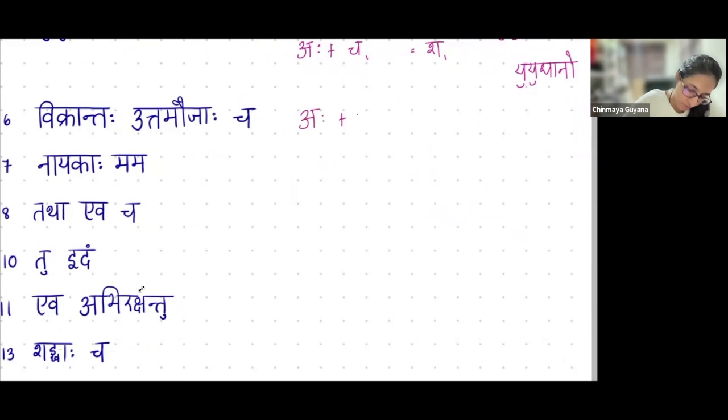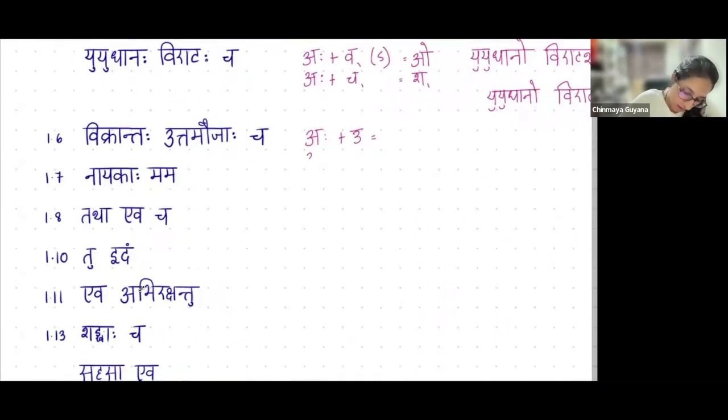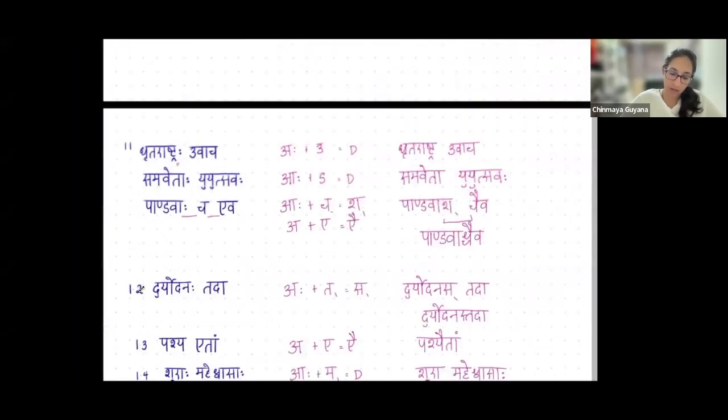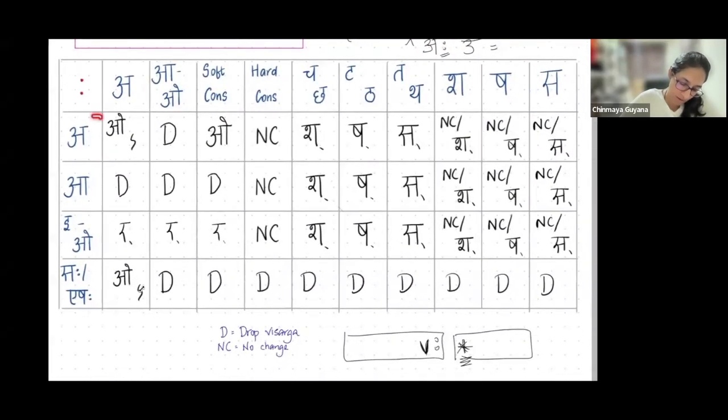Aha plus u equals... And you have aha plus ch halant equals... So a plus u, a plus ch. A plus u, dropped. This is A2O. So you check this box to get your U. A plus U becomes dropped.